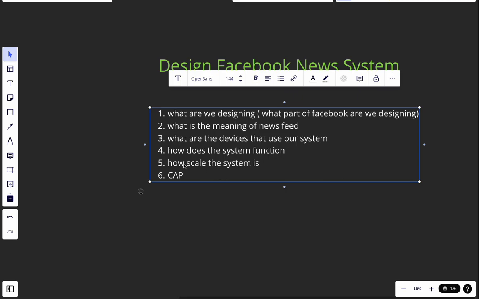C, which is consistency, means every read from the system returns the most recent write or an error, ensuring that all nodes in the system have the same data at the same time. A stands for availability, and this means every request made to the system receives a response, either success or failure, without guarantees about the data being consistent across all nodes. We have P, which is partition tolerance.